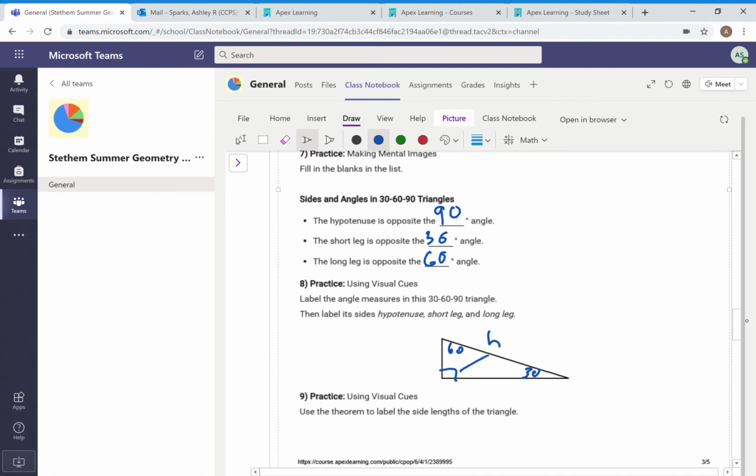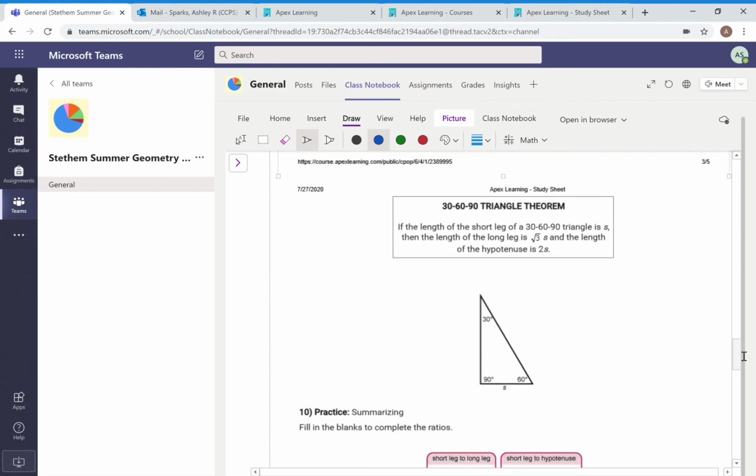This should be my hypotenuse. This should be my short leg, and this is the long leg. So if it helps you, sometimes I don't even say long leg. I call this the middle. So you have a short, a middle, and a long side.